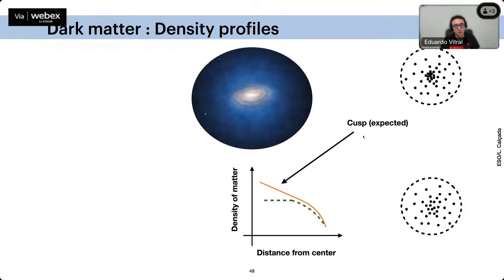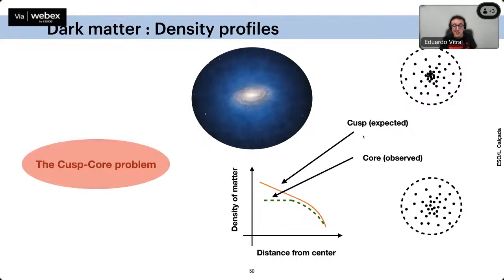It actually followed a pretty much smoother, constant density profile as it went towards the very inner regions of the galaxy. And this constant profile is what we call a core, which was observed. So you can see here, there was a very big disagreement between what was expected, a cusp, against what was generally observed, a core. And that was known as the cusp-core problem.